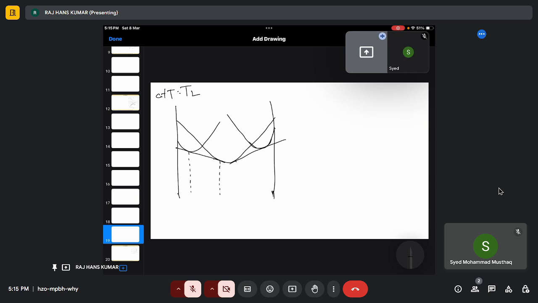One region here, another region, and you'll have another region. So this is my G alpha, G beta, G liquid. So this is my alpha, this is liquid, alpha plus liquid, beta, beta plus liquid. Right. So these are the first region, the second region, third region, fourth region, and fifth region.